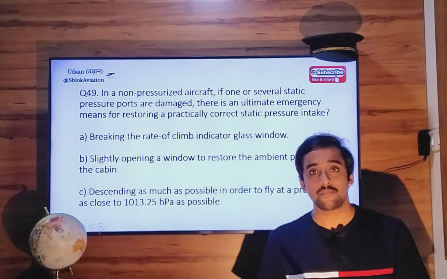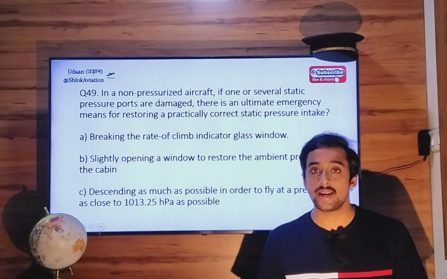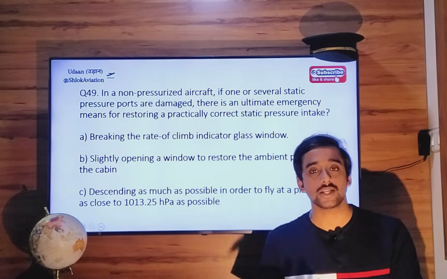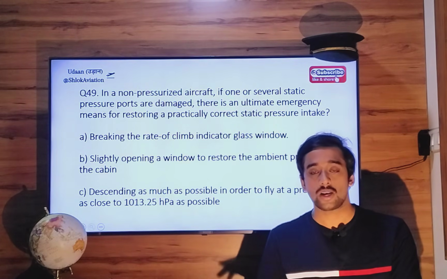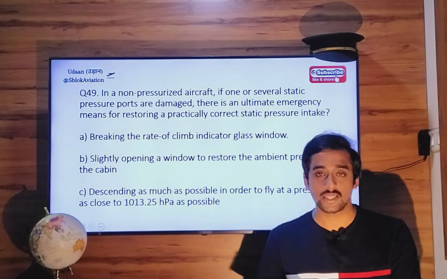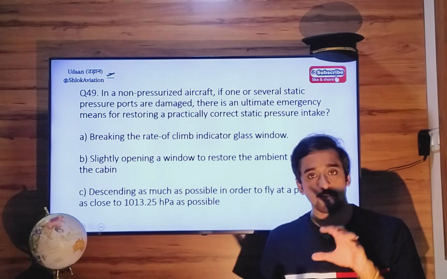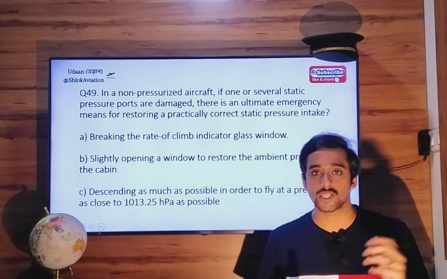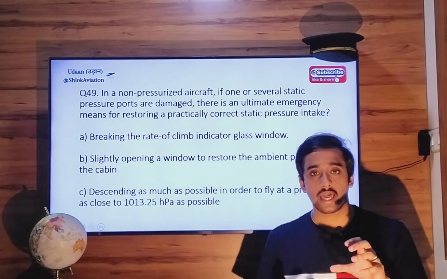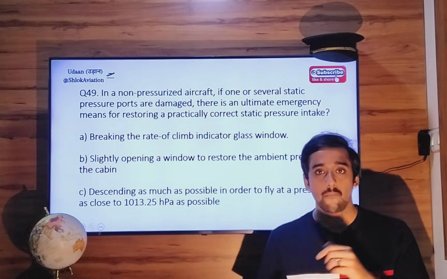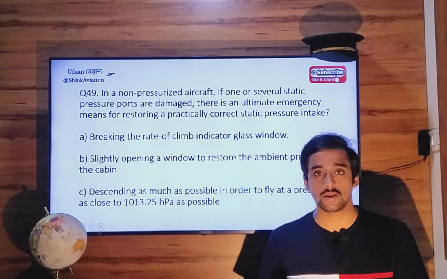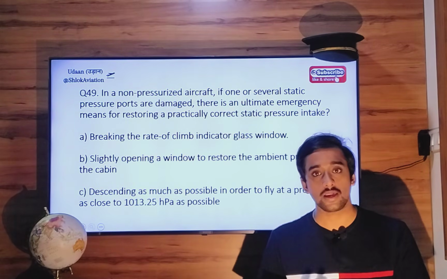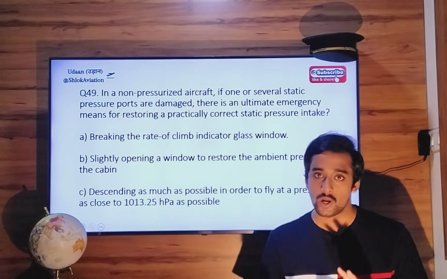Yes, you can break the glass of the vertical speed indicator. When you break the glass, whatever pressure is in the cabin, since it's a non-pressurized aircraft, the pressure in the cockpit will be more or less equal to the pressure outside. So that pressure will enter the pressure instruments and they will work using the static pressure in your cabin.